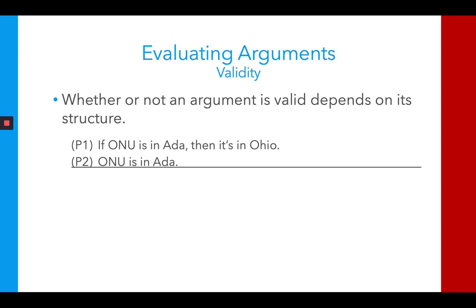If we know premise 1 and premise 2, and we don't need to bring in any outside views about the world, if we only know 2 things, that if OU is in Ada then it's in Ohio, and that OU is in Ada, what do we know? We know that OU is in Ohio. That's a valid argument, because if we know the truth of the premises, we can know the truth of the conclusion for sure. Or in other words, if we assume that the premises are true, then the conclusion follows.